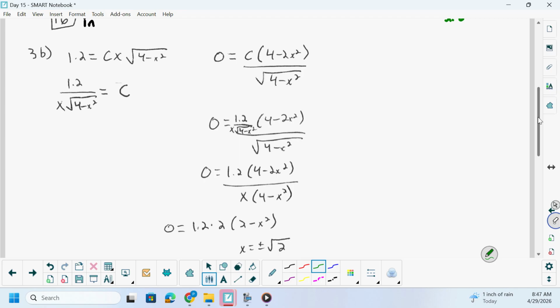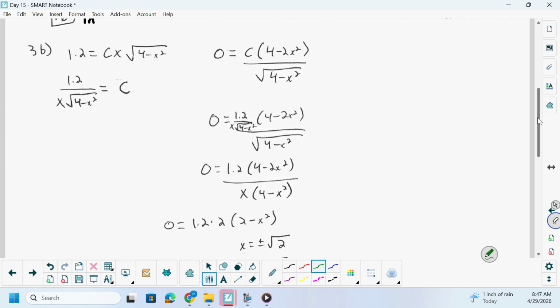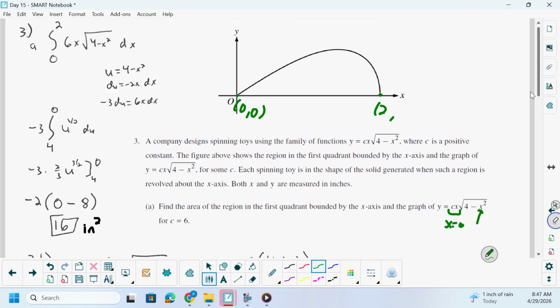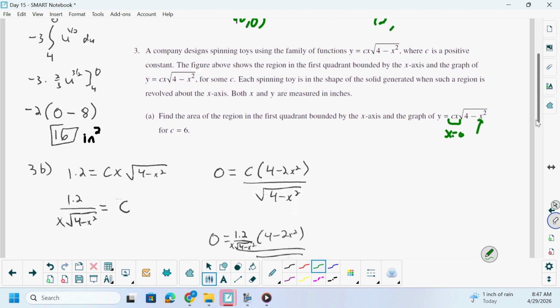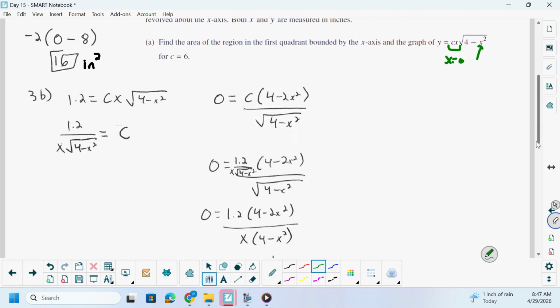So what we can do is put 1.2 in for that value of y, because it's revolved around the x-axis, so the radius is the same as the y value in our function. So I subbed 1.2 in for the y, and now I've got c in terms of x.